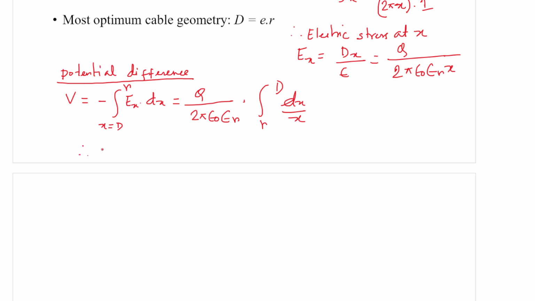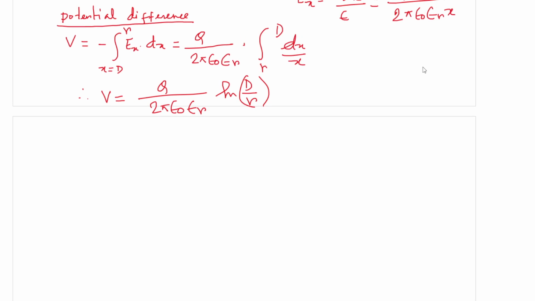So V is equal to q by 2 pi epsilon 0 epsilon r ln d by r. This is the potential difference. Later on, in a moment, we shall use this formula, so let me square it up.